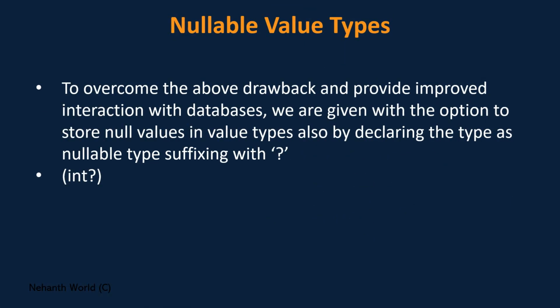To overcome this drawback and provide improved interaction with databases, we are given the option to store null values in value types by declaring the type as a nullable type, suffixing it with a question mark. Here you can see int question mark is the nullable value type.